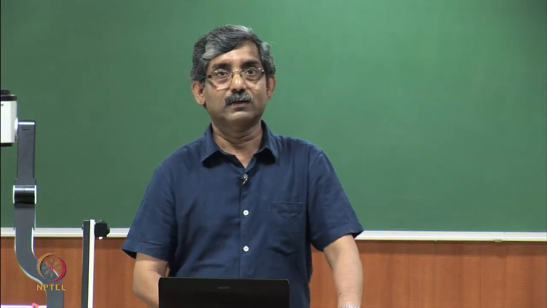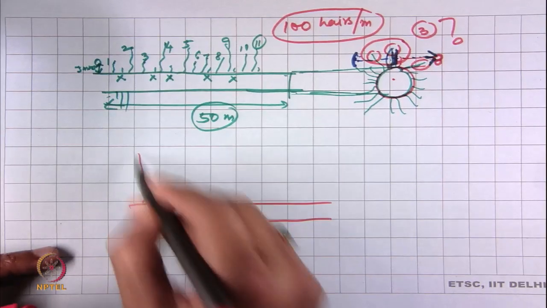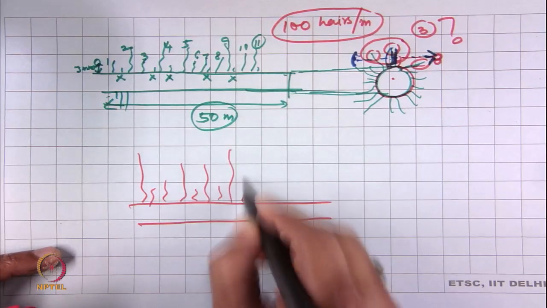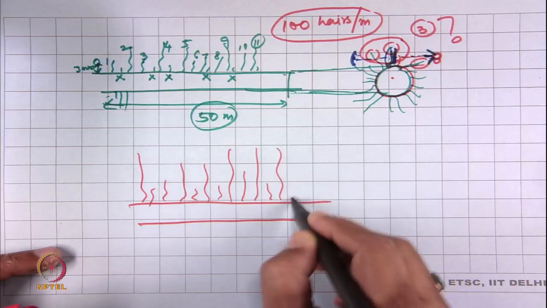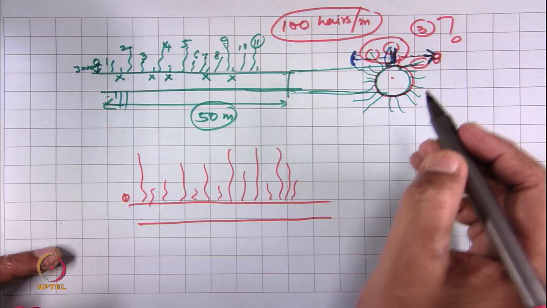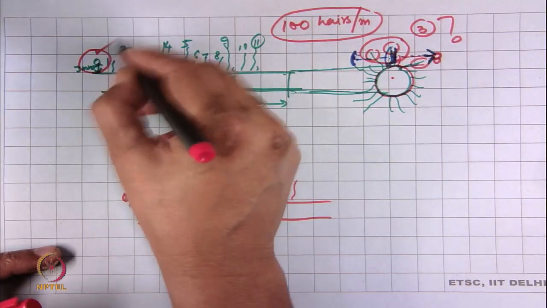Okay. So, the aperture counts the number of hairs at a distance from 1 to 25 millimeter from the yarn edge. Suppose this is the yarn edge and there are hairs at different lengths. In Shirley, what we have observed is that there is only one photoreceptor.